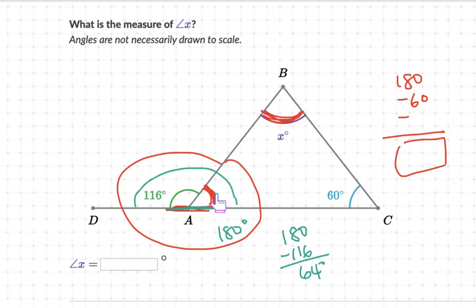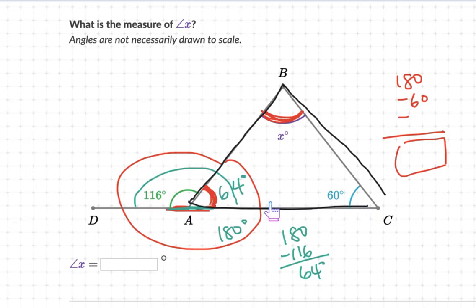So that means this angle is 64 degrees, because 64 plus 116 equals a straight line of 180 degrees. Now I have only one missing angle in this triangle right here.